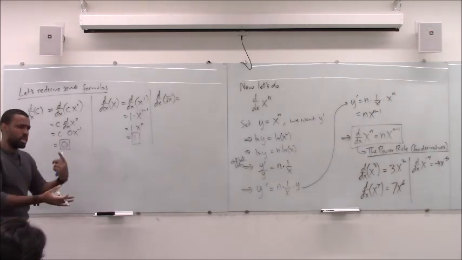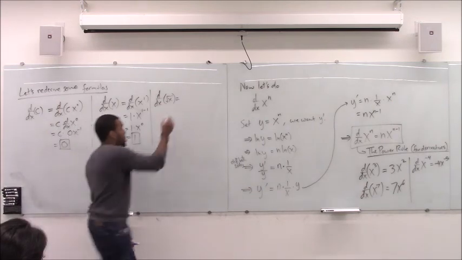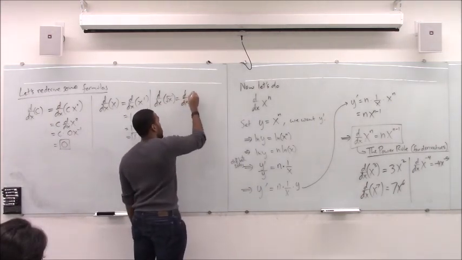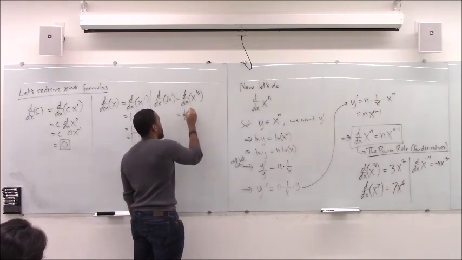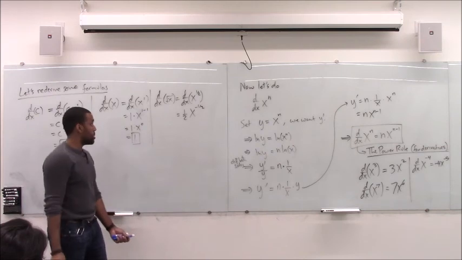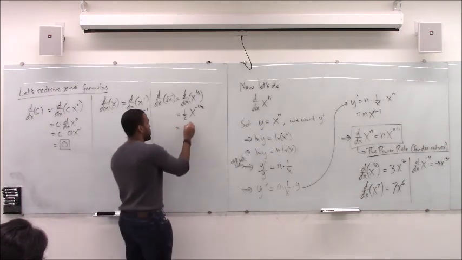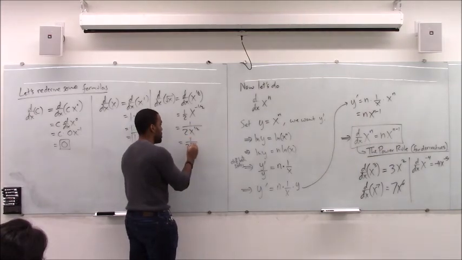We had to multiply and divide by the conjugate, simplify all sorts of stuff. We ended up with 1 over 2 radical x. Turns out we could have thought of this in terms of the power rule, x to the 1/2, and then bring the 1/2 down, subtract 1 from the power. You get 1/2 x to the minus 1/2, which of course you can rewrite by the laws of exponents, which gives us back the original.